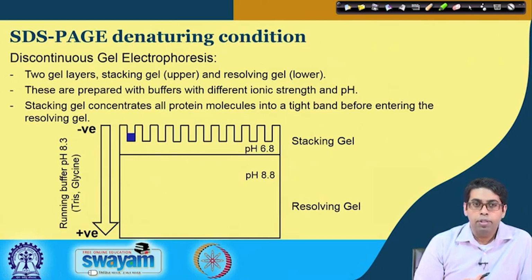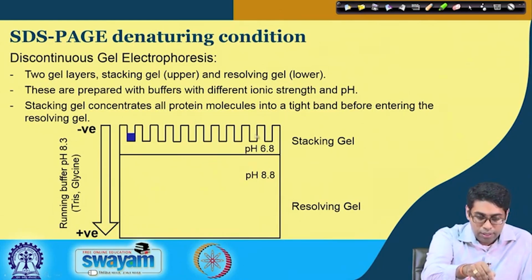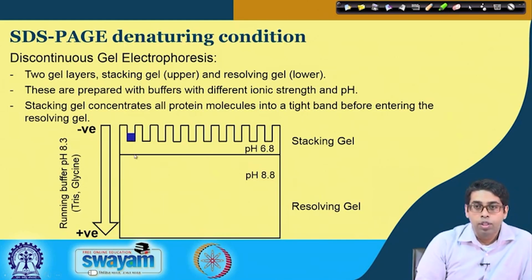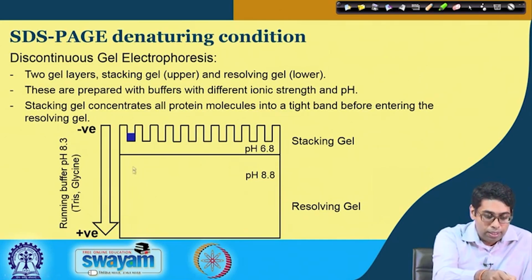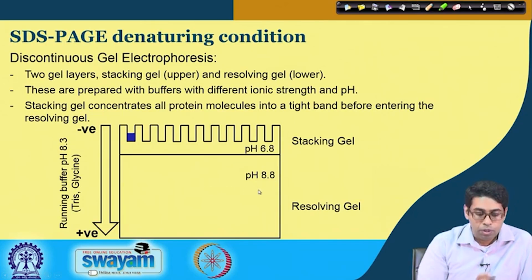A typical experiment will have 9 samples in 9 lanes, and the first lane will have a molecular weight marker. It is a mixture of standard proteins with known molecular weights, and when they run here they will show up in different places, and from that we can estimate the molecular weight of other unknown proteins in these different lanes. So, we can make a direct comparison between samples in each lane.